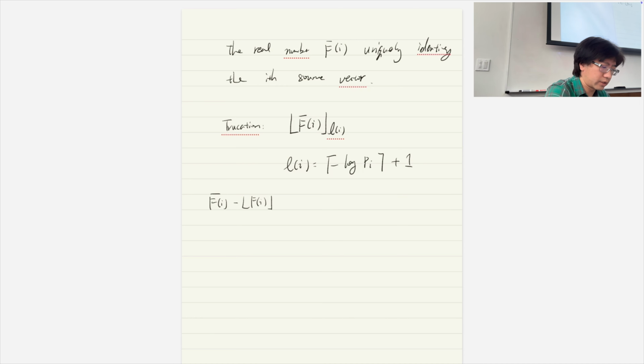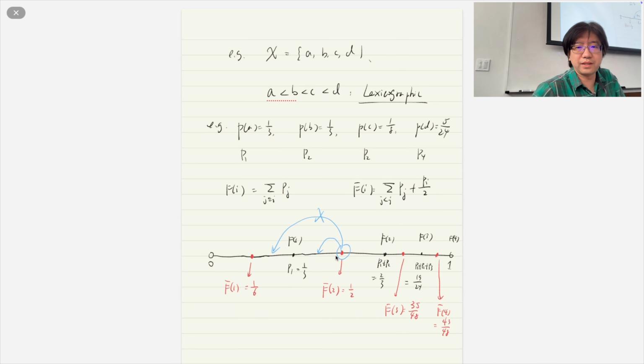This is our truncation error. We want to make sure the error has to be less than or equal to this guy minus this guy. Okay, and then we're good, right?